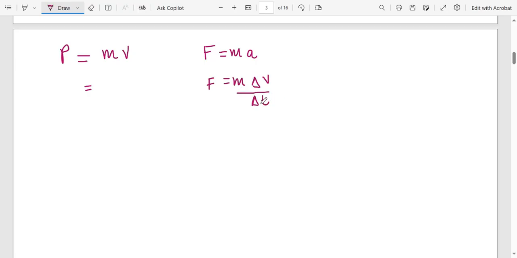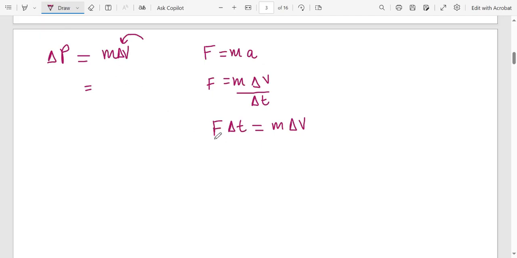If you get the change in time down, you multiply with the F. That will give you F times change in time is equal to m change in v. So if this velocity changes, it means that even the momentum is going to change. So change in momentum is given by mass times change in velocity.